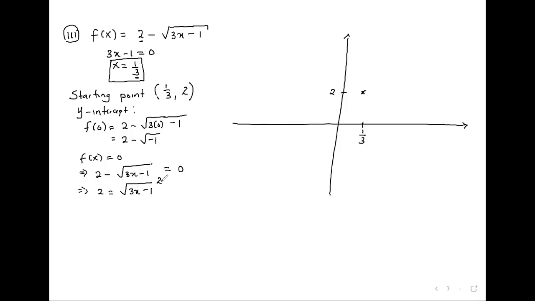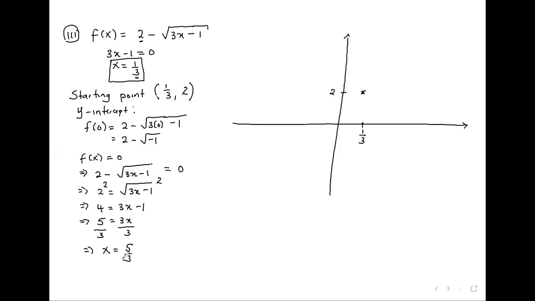You square. So we get 4 is equal to 3x minus 1. Then we'll get 5 is equal to 3x, divided by 3 on both sides. So x is equal to 5 over 3.